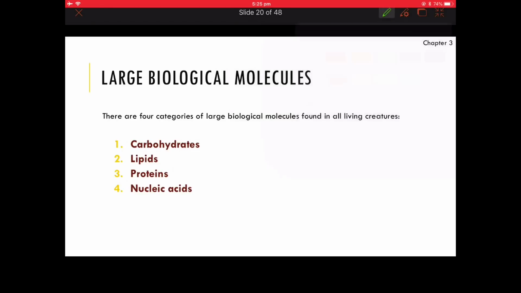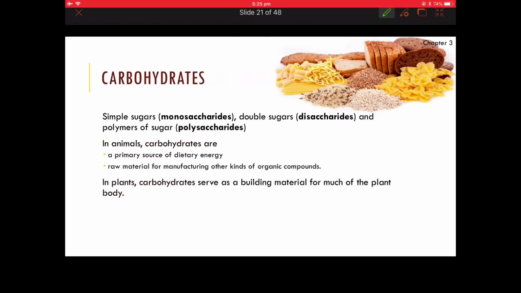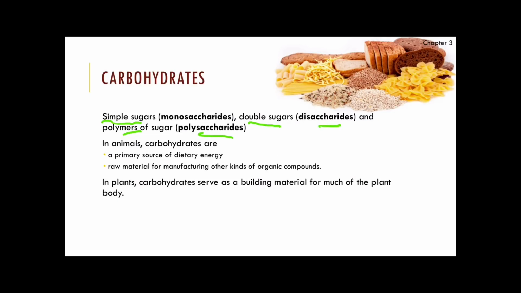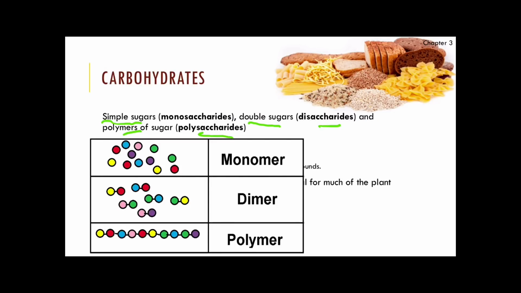So let's have a look at the first one, carbohydrates. Carbohydrates can be simple sugars called monosaccharides, double sugars called disaccharides, or polymers called polysaccharides. If you remember this image, mono means single.